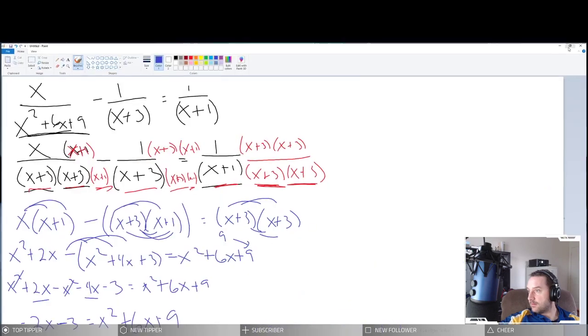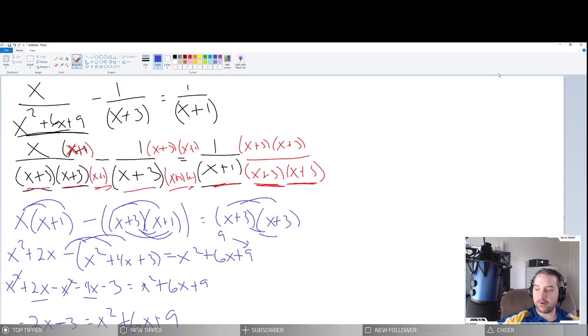So now I'm going to bring all these to one side. I'm going to bring the 2x over and the 3 over because I know that it's going to be quadratic. Quadratic means I need to have it equal to 0. So I'm going to get 0 equals x squared plus 8x plus 12.